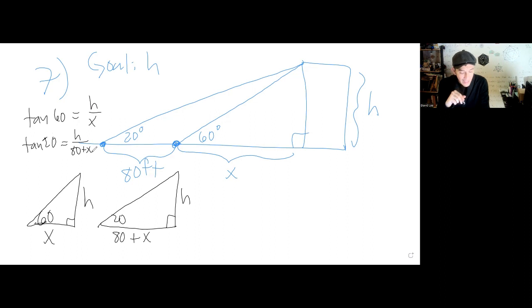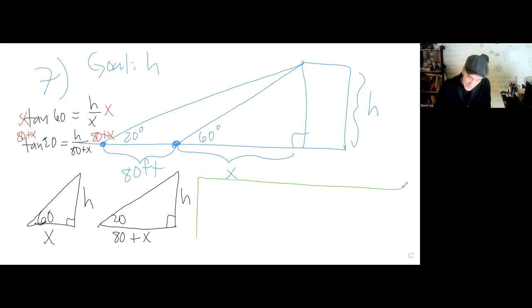How about I get H alone in both equations? How about I multiply this equation both sides by X and this equation both sides by 80 plus X? So this would give me these equations, in green, after I did these red steps.